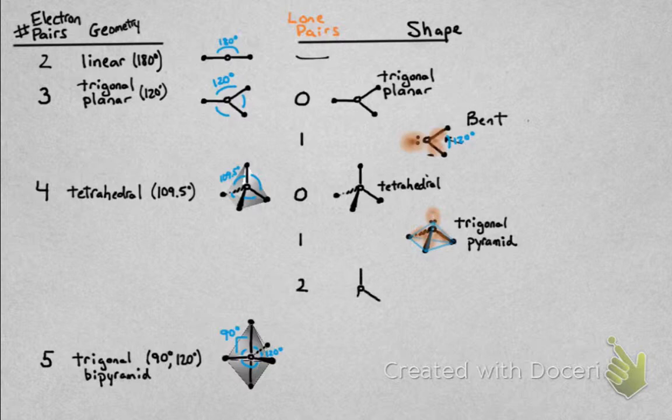If there are 2 lone pairs around the central atom, now 2 of these positions are going to be occupied by lone pairs. We have 4 total electron pairs. 2 of those lines we need to make lone pairs, like this. And I'm just putting these little gray lines in to represent where those positions were previously, so you can see them a little easier in terms of their arrangement.